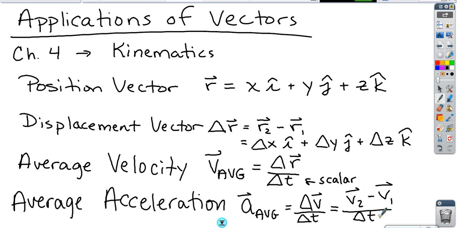So if v2 is larger than v1, then that means you're speeding up and you get a positive value, and so the acceleration would be indicating that the object is picking up speed. But we'll go into more details about that at a later date.